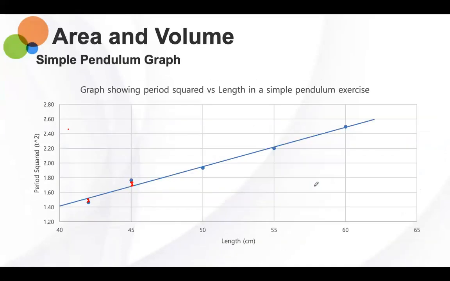So our length would be our independent variable because that's what we're changing, and our dependent variable would be our period squared. You won't need to know the definition of independent and dependent variable now, but you want to be familiar with it, or be able to identify which one is the independent variable and which one is the dependent variable.